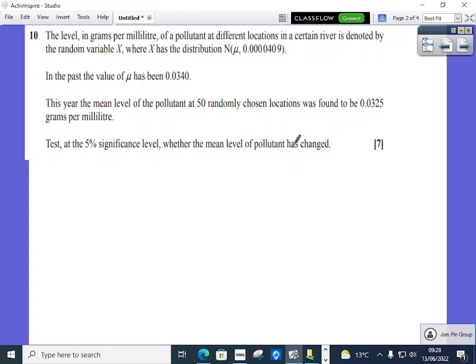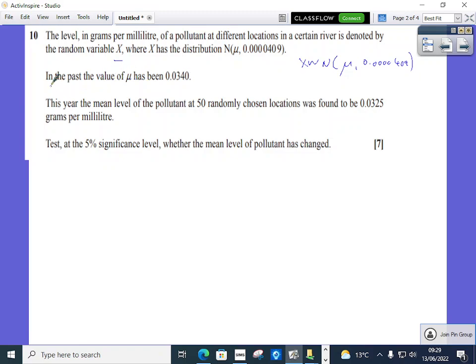Right, okay. Now, the beauty about these kinds of questions is you're going to get marks for setting things up, which is standard. Just read the question carefully. The level of pollutant in grams per milliliter at different locations of a certain river is denoted by random variable x, and that has a normal distribution with mean mu and variance 0.1234 divided by 409.